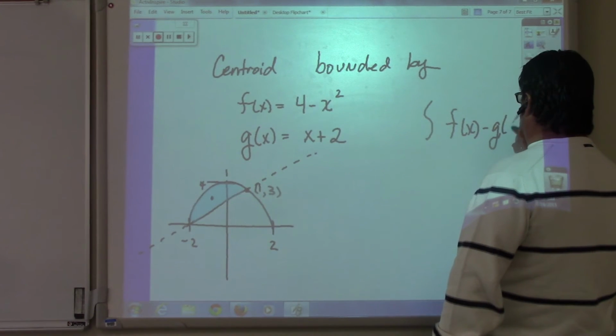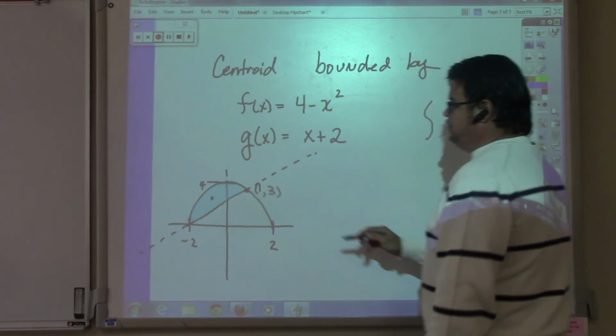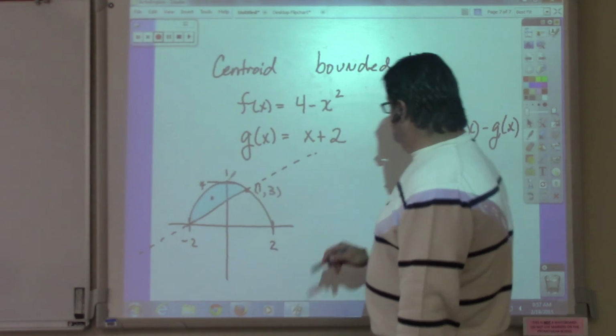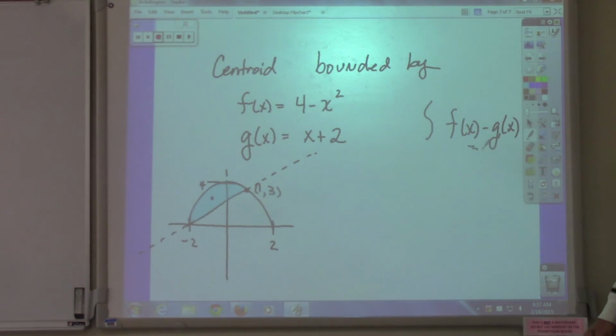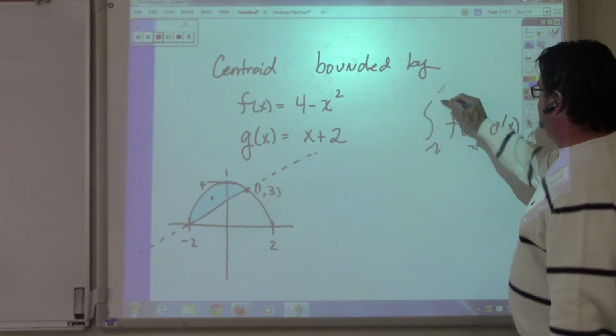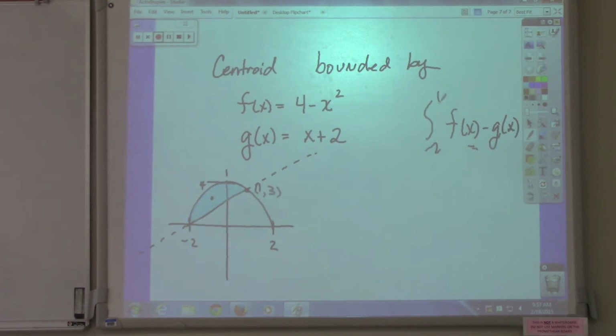That's the starting point, because you've got to get this region isolated. That's the first step, and that's going to be from -2 to +1. And then y'all can take off from there. Okay?